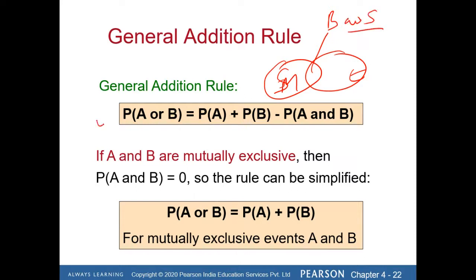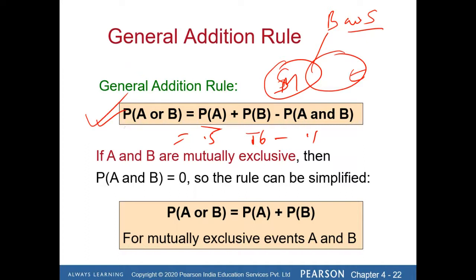For that, the general addition rule is: P(A or B) is equal to P(A) plus P(B) minus P(A and B). Suppose the probability of economics is 0.5, the probability of statistics is 0.6, and the common probability is 0.1. You can find the probability of statistics or economics by using this formula. This is called the general addition rule.